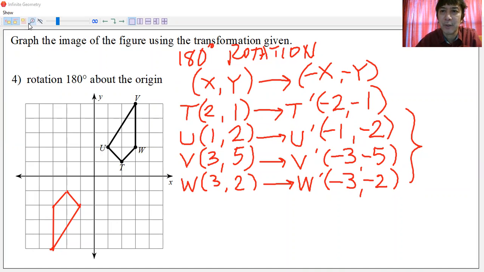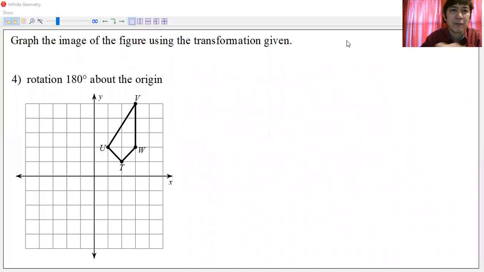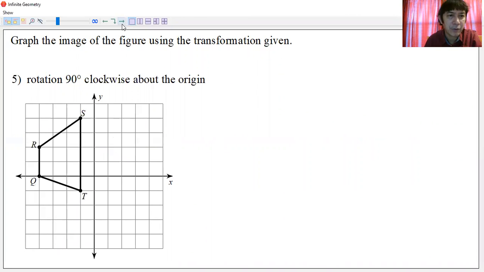Let's have the fifth example. Here is our number 5 example. So we're going to do now the clockwise. Graph the image of the figure, rotation 90 degrees clockwise. So clockwise goes like this.